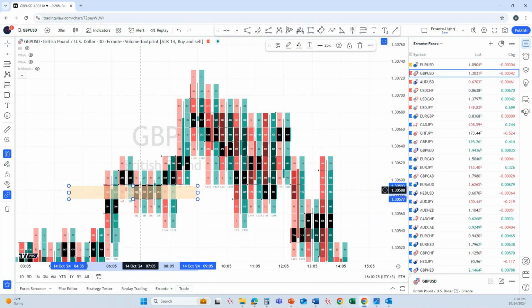We can identify this as a strong resistance level, and eventually we see increasing volume contributed to rising prices, so that results in a break above this resistance level.